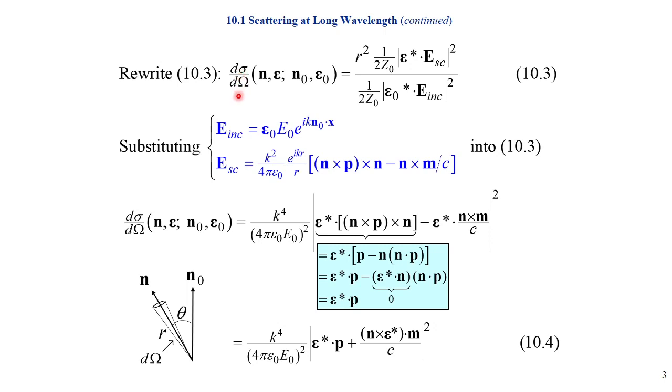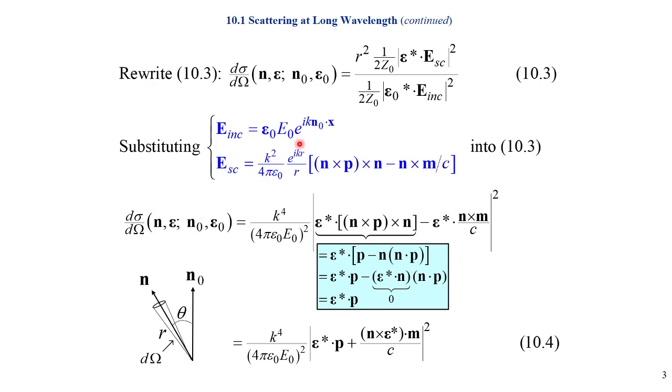Sigma over omega is a function of the scattered signal and incident signal. Then substituting the incident E, which is a simple plane wave, and the scattered E, which is here: n cross p cross n minus n cross m divided by c. c is the speed of light.